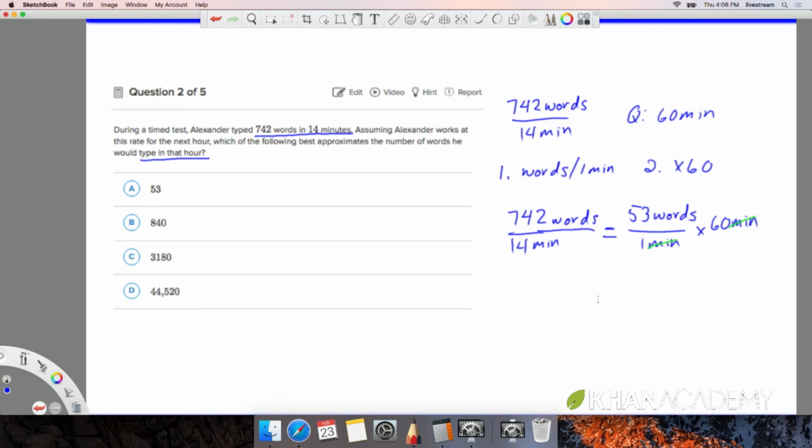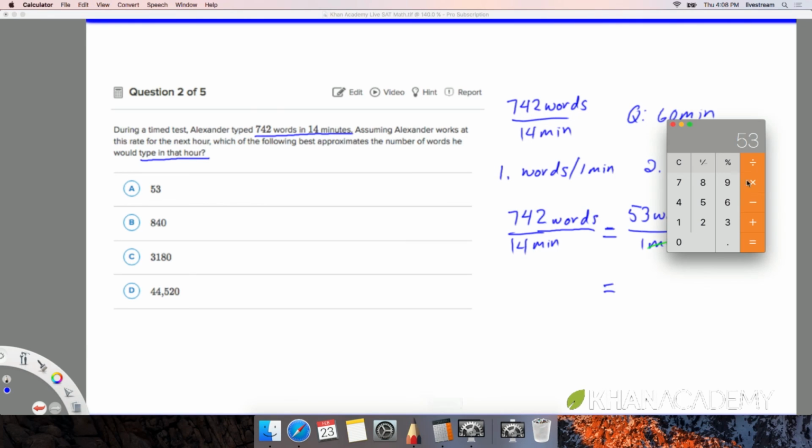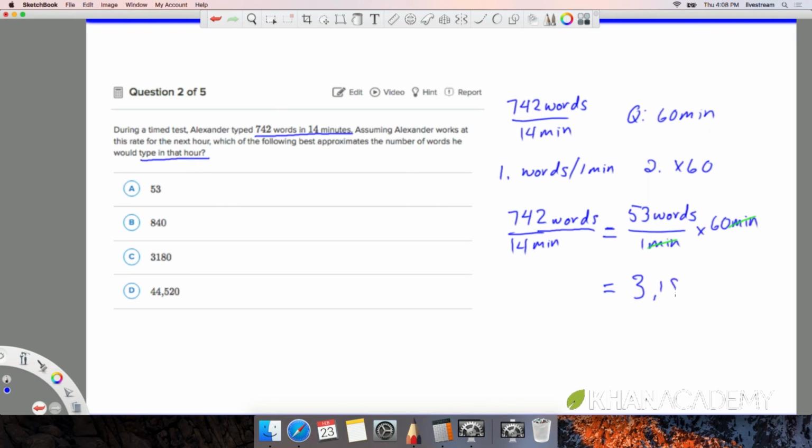And then if I do this math of 53 times 60, we get the final answer of 3,180, and then the last step is to box that answer or write C so that there's no chance of me misbubbling.